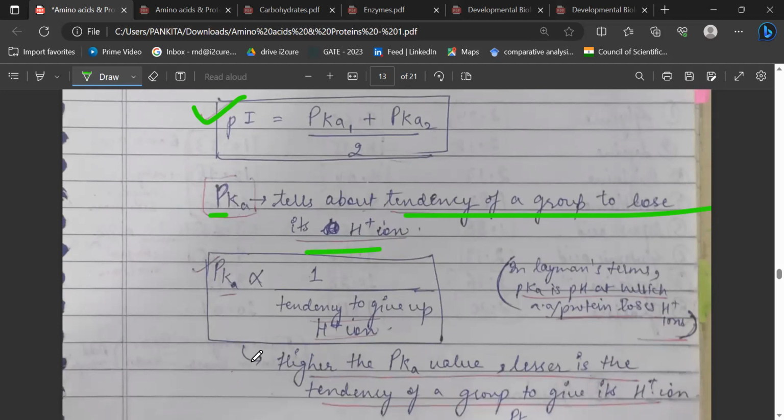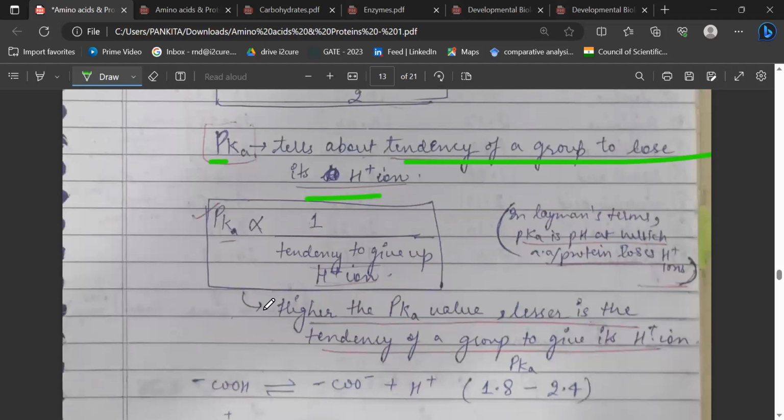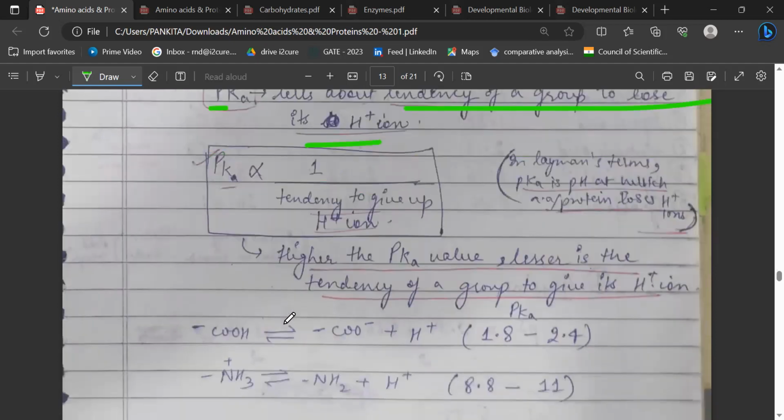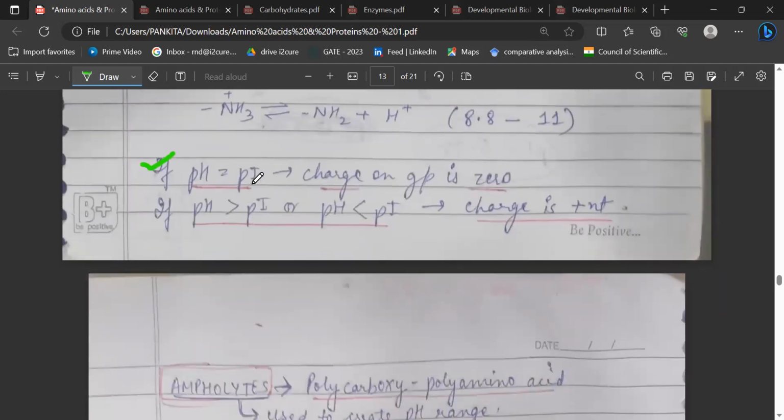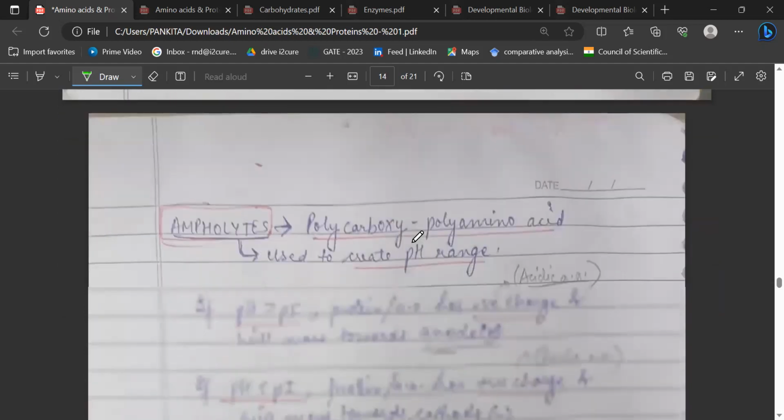In layman's terms, pKa is the pH at which an amino acid or protein loses H positive ions, and this inverse relationship suggests that the higher the pKa value, the lesser the tendency of a group to give its H ion. So if the pH is equal to pI, the isoelectric point, the charge on the group is 0. However, if the pH is greater than or less than the isoelectric point, the charge is present.